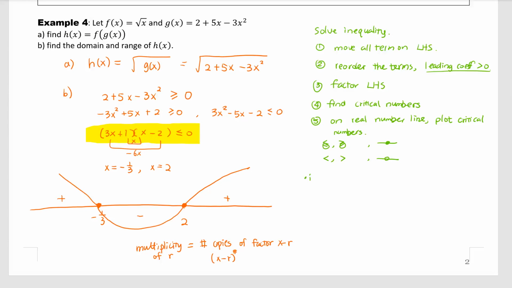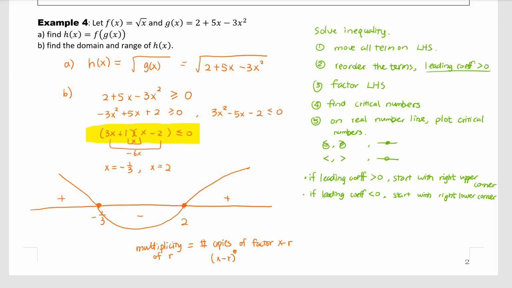Okay, so here, if the leading coefficient is positive, start with the right upper corner. If the leading coefficient is negative, then we start with the lower corner instead of the upper corner.